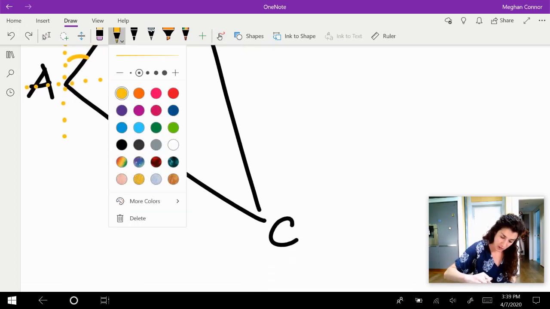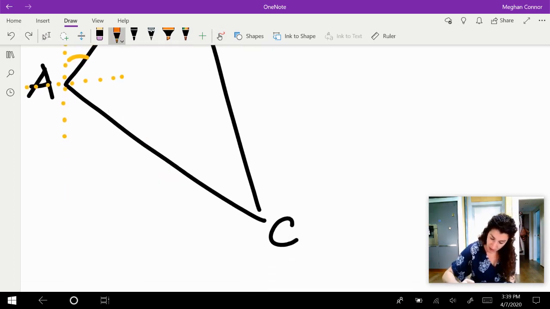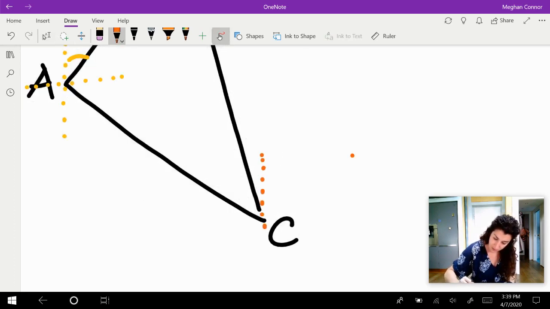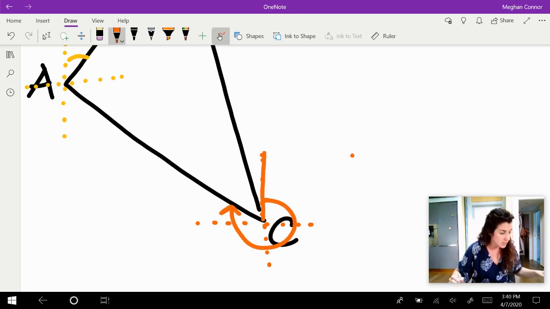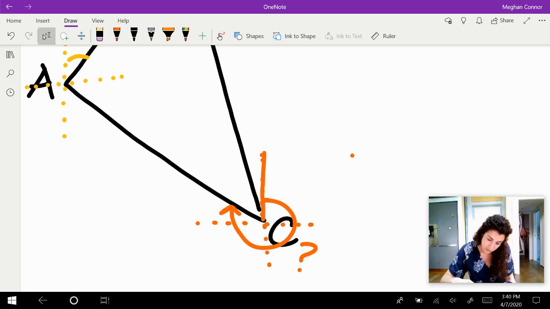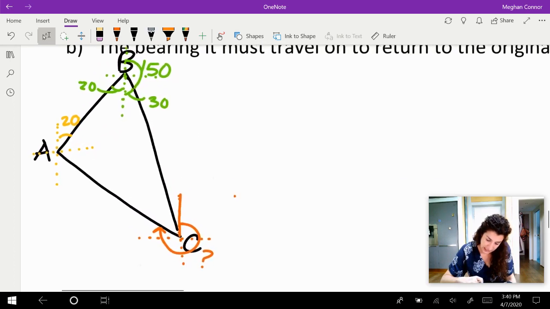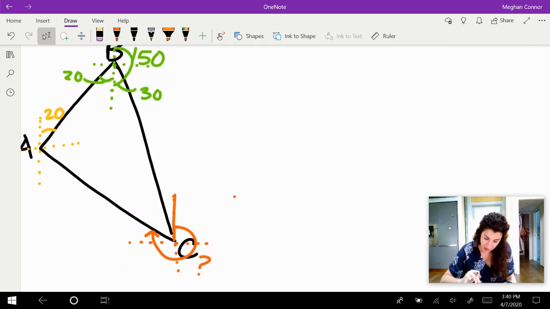What I am going to do next is talk about what's going on here. We need to solve for the angle from the north, right? So we're going from here all the way around to here, and we want to solve for that angle. I'm going to look back up here to get some good knowledge going.